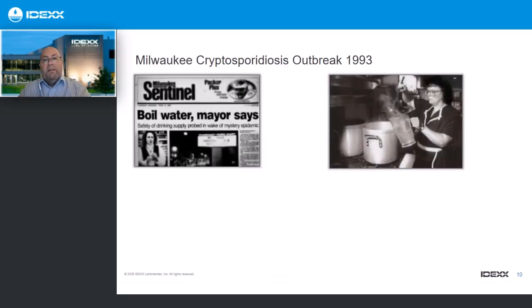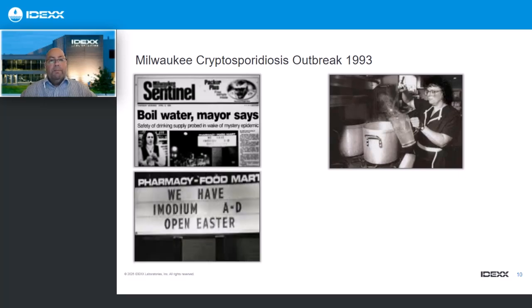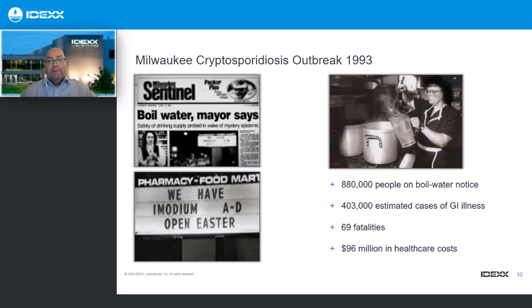Everything pretty much started back in 1993 with a very significant outbreak of cryptosporidiosis in Milwaukee. Very interestingly, the pharmacies actually made some money out of this because they were stocking Imodium. But nearly 900 people were put on a boil water notice, which is the only effective treatment once Cryptosporidium gets into drinking water.